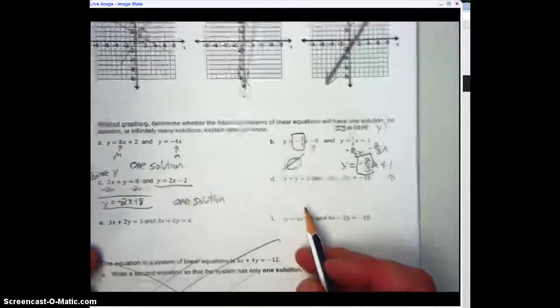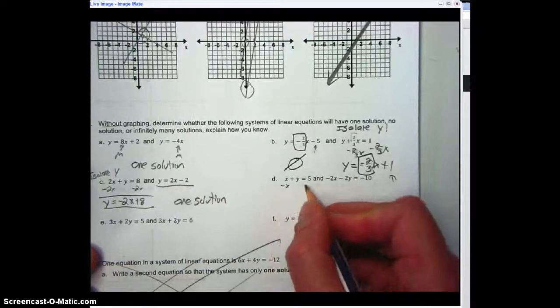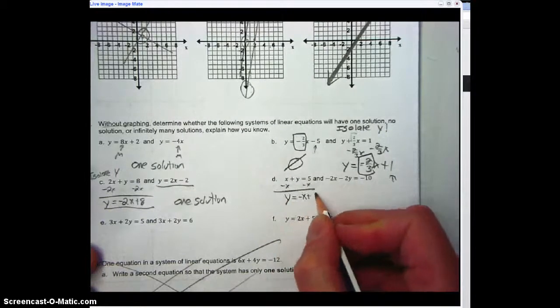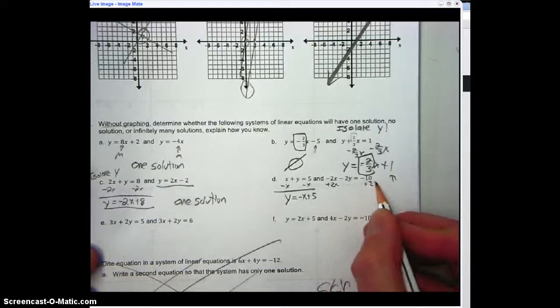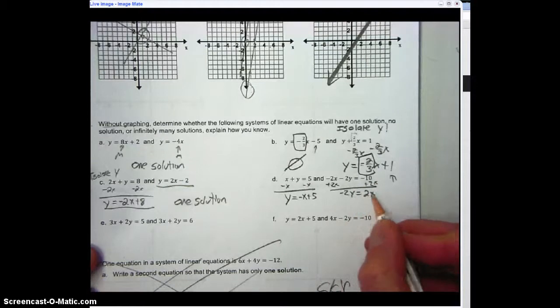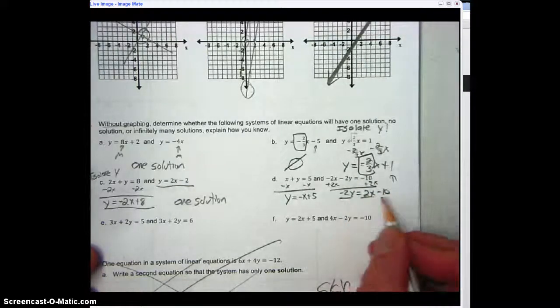Last 3 problems. Let's take a look at this. Subtract x. Y equals negative x plus 5. Here we got to add 2x. Negative 2y equals 2x minus 10. But y still isn't by itself, so we got to divide everything by negative 2.